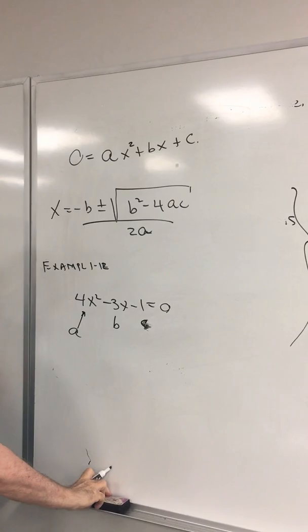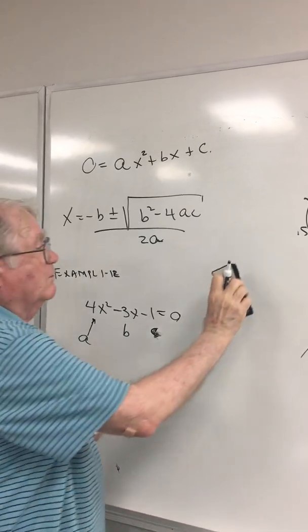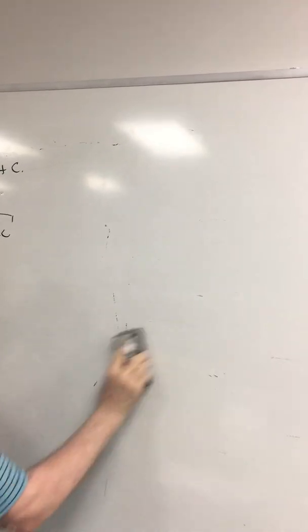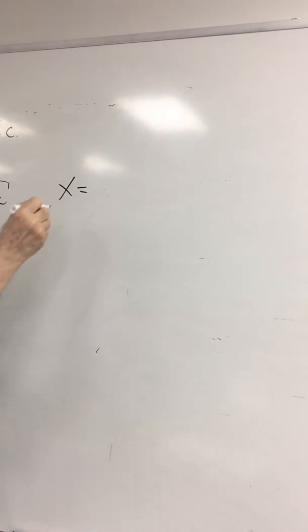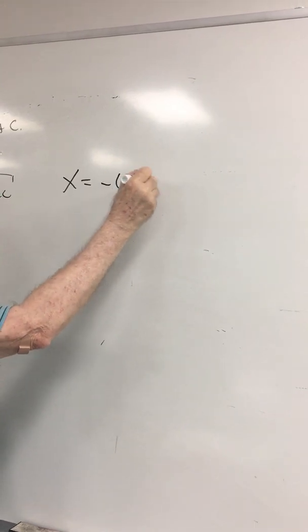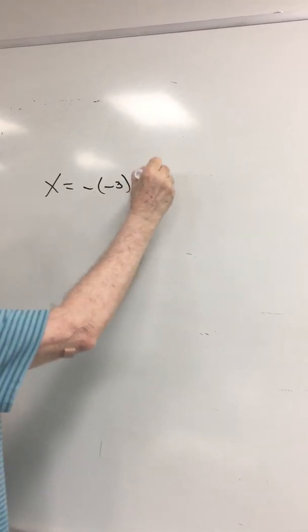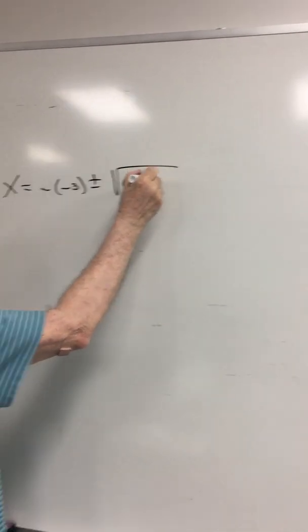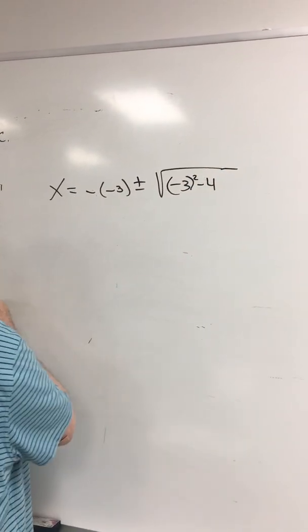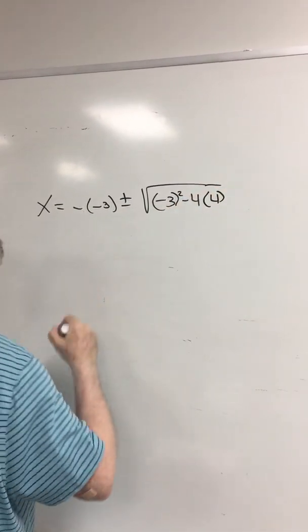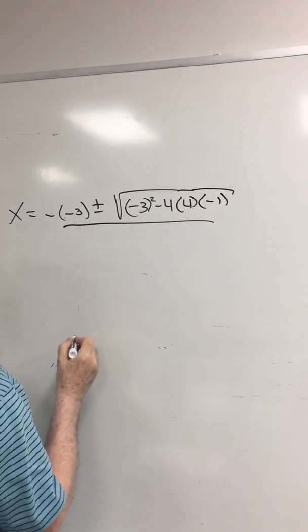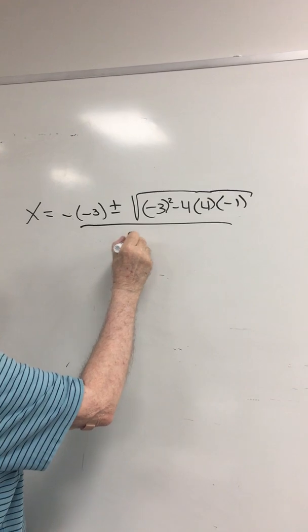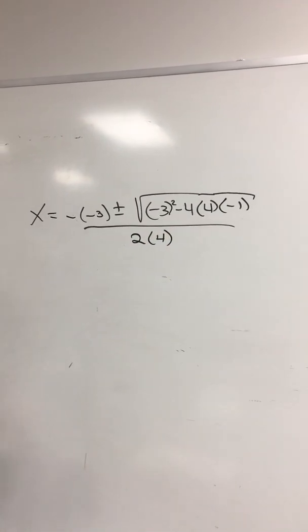To solve the problem, I'm going to use the quadratic formula. So x is equal to negative b, well, it's going to be negative of negative 3, plus or minus the square root of b squared minus 4 times a, but a is 4, and c is negative 1. And it's all over 2 times a, and that's going to be 2 times 4.